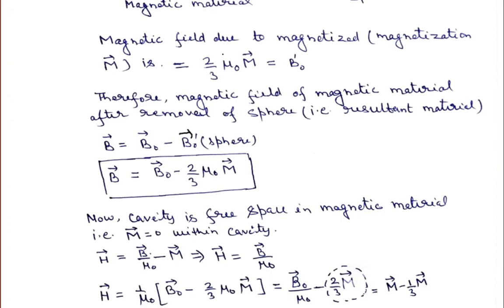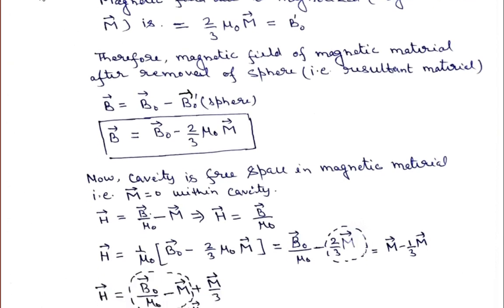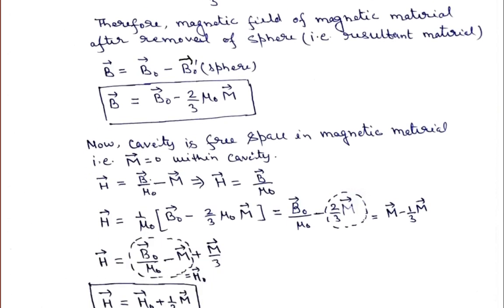So if we try to find the magnetic field vector H at the center of the spherical cavity, where there is free space, the M vector will be equal to 0.